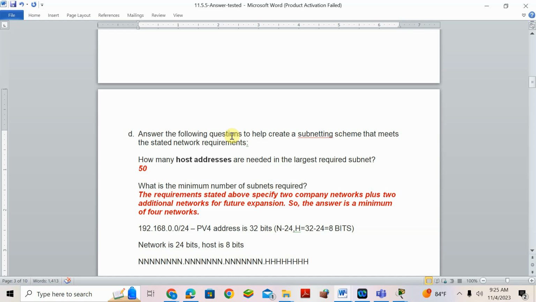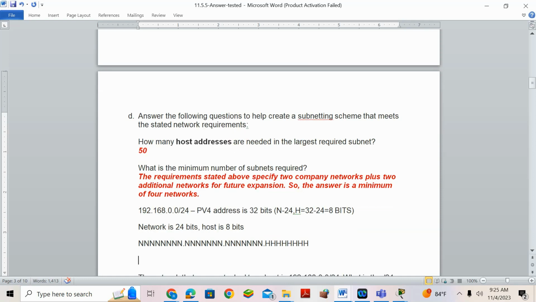Now the formula for host is 2 power h minus 2 equals the number of usable hosts, or IP addresses.